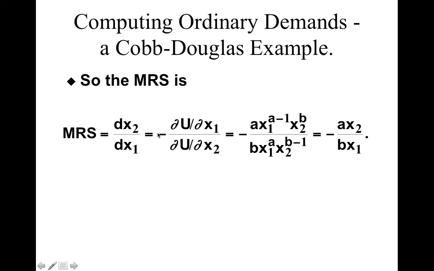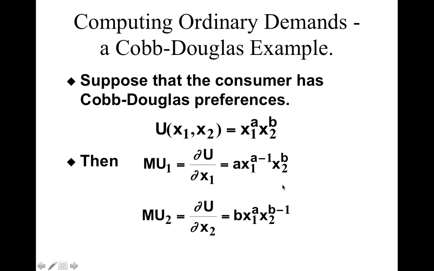It turns out dx1 is basically the marginal utility of x1, which means if I increase x1 by one unit, how much does that add to the utility? I do the same for x2 as well. Now go back a little bit and see what the marginal utility for both of these goods looks like. I don't expect you to actually know the derivatives. I will give you the marginal utilities that are computed. All you have to do is figure out the slope of the indifference curve.